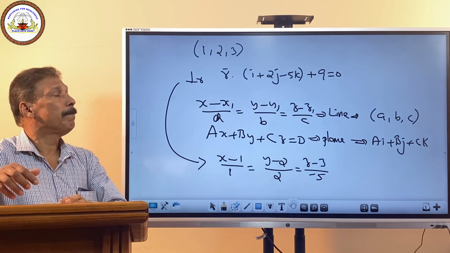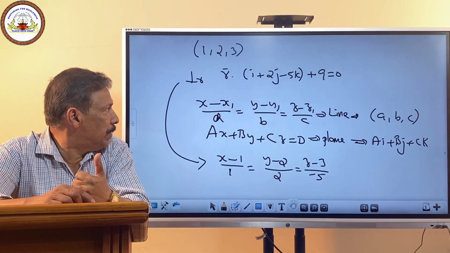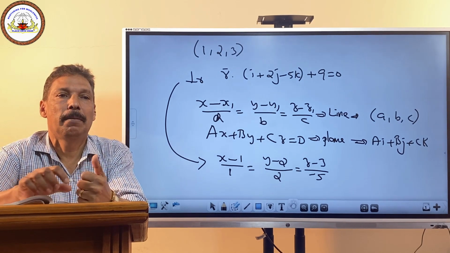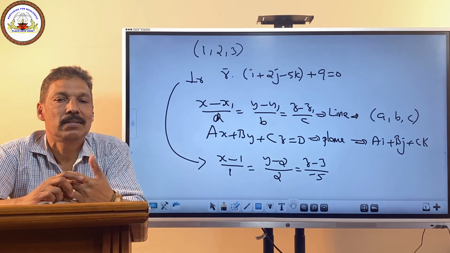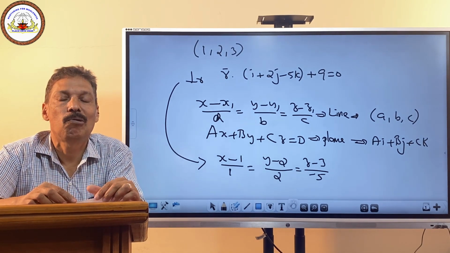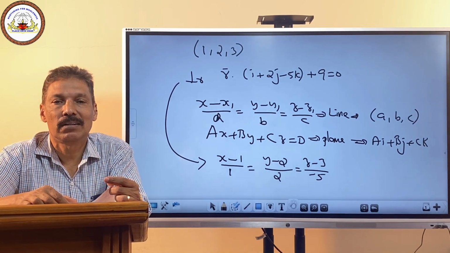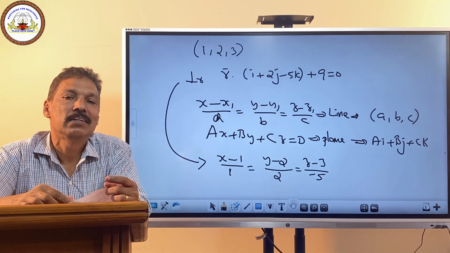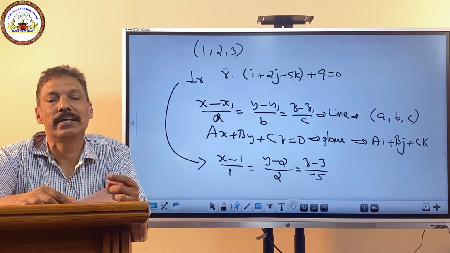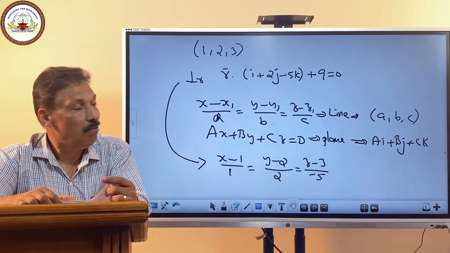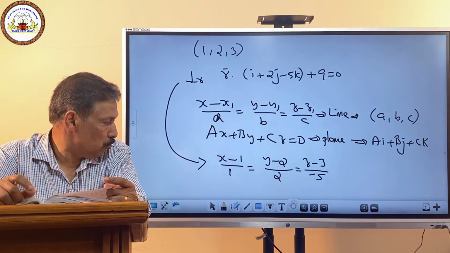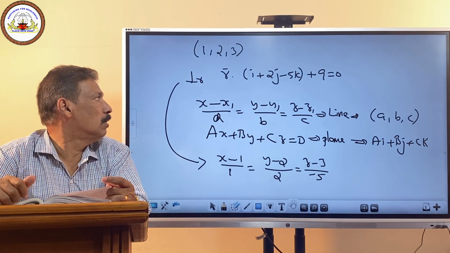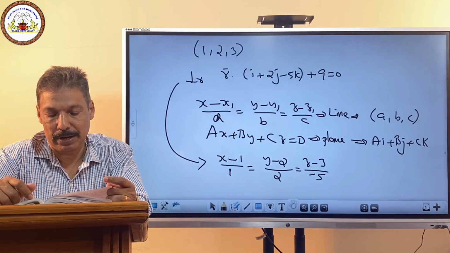The important point, a line is perpendicular to the plane means the normal vector to the plane is the direction ratio of the line. We can take the same normal vector as our (a, b, c). So our final answer is (x - 1)/1 = (y - 2)/2 = (z - 3)/(-5).